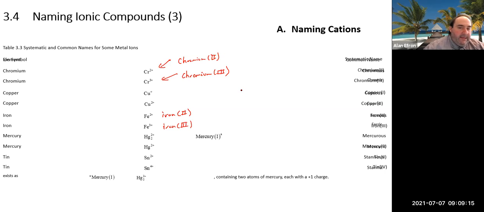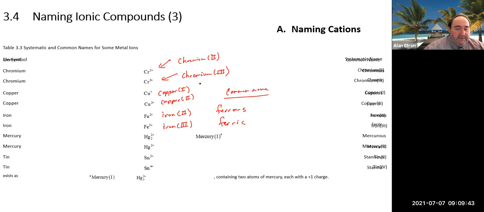A common name that is sometimes used is more of a root name, if you will, an origin name, where this would be known as ferrous and ferric. Kind of the older school name, just like here's copper 1, I believe, copper 1, and this is copper 2.